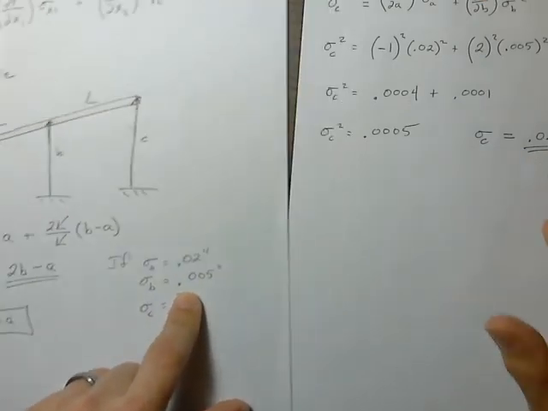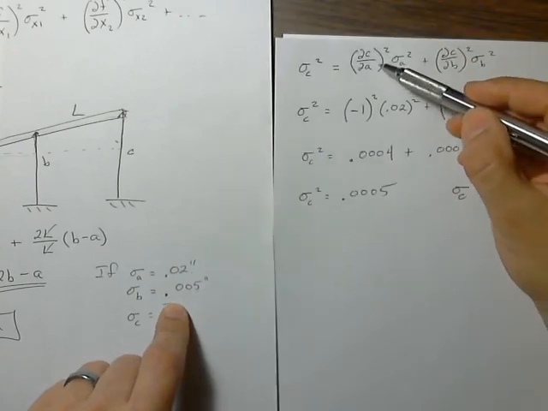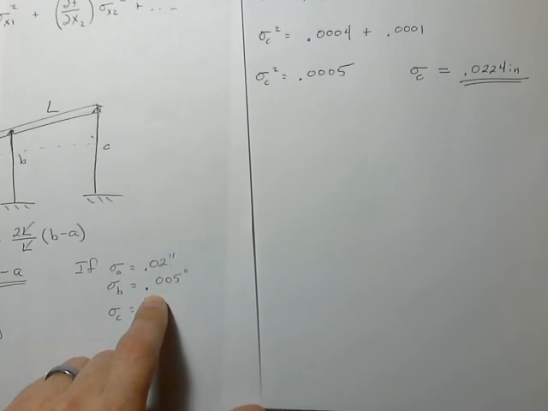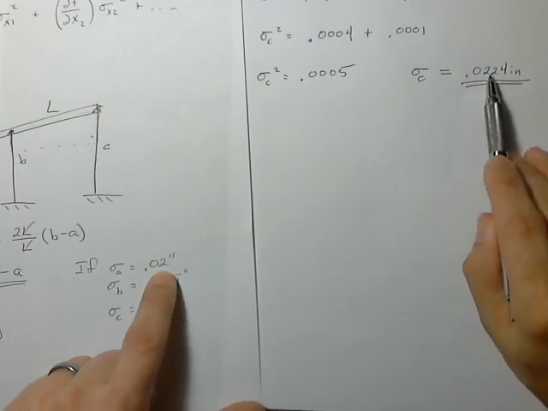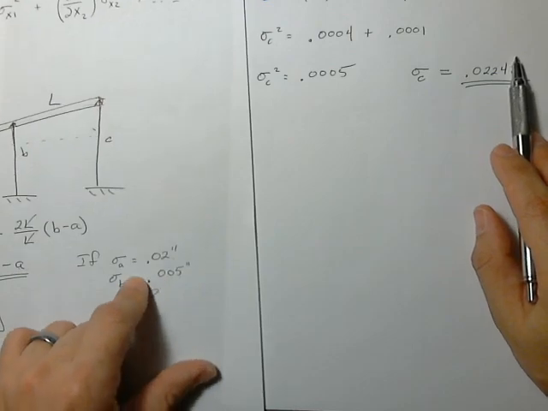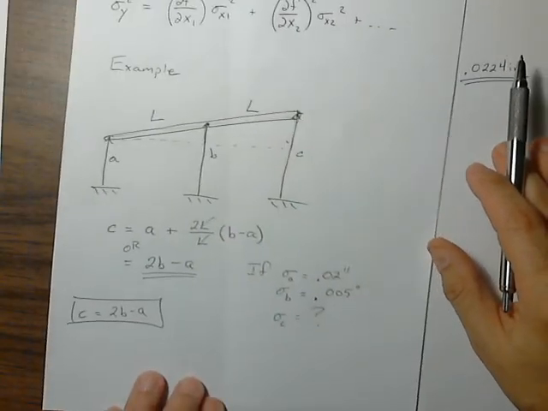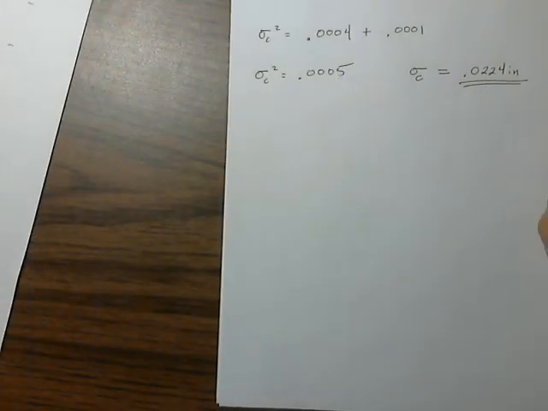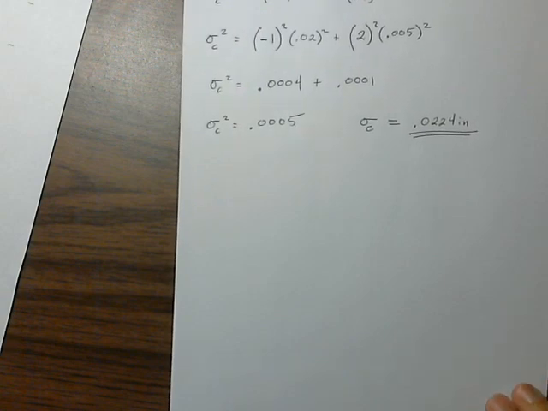That won't be true anymore once these take on more interesting values. But in this case, sure enough, we see more slop in C than we see in any one of the contributing joints, right? So that's the game: you can never take away uncertainty. You can only add to it. Oh dear. And that's how it works.